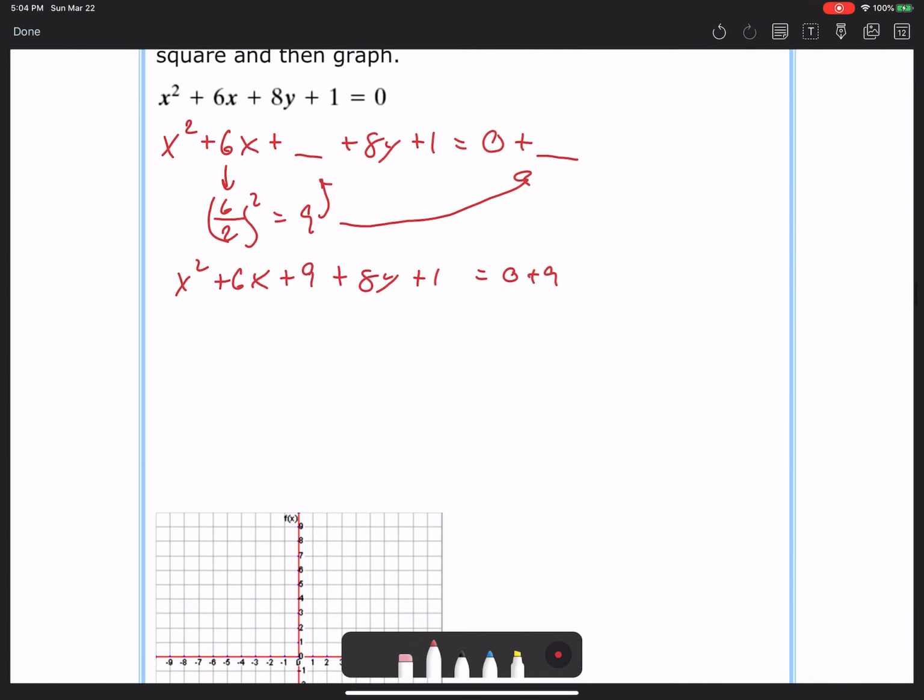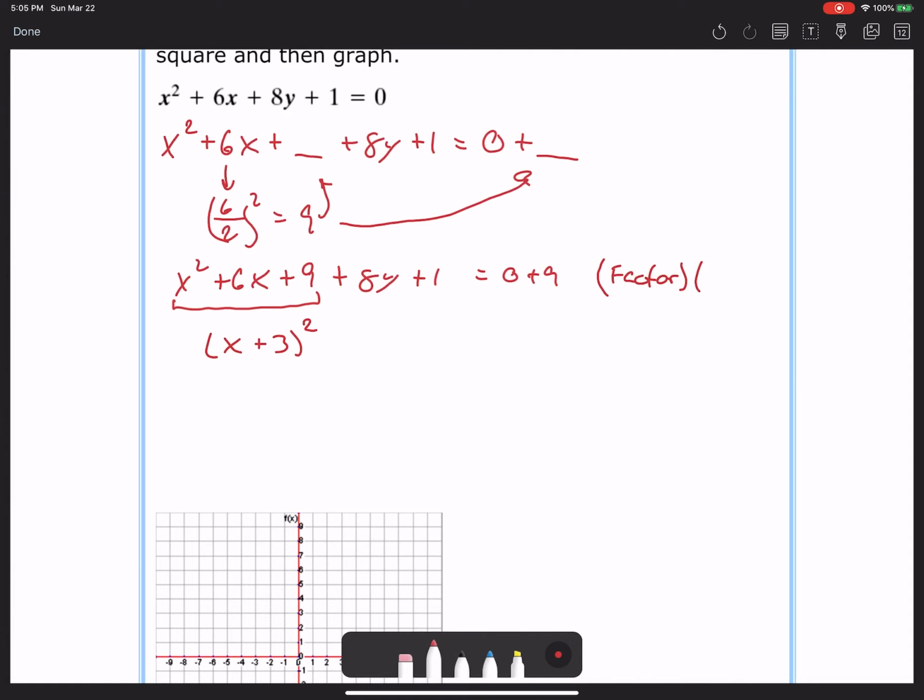All right, so I've added my 9 to both sides. Now I'm going to factor this part of the left-hand side, or this expression. I'm going to turn that into x plus 3 squared. You could FOIL that out to confirm that that works. And then I like to put a little note over here to the right of this equation. Well, first of all, I could have written factor, because I did that on the left-hand side of the equation.